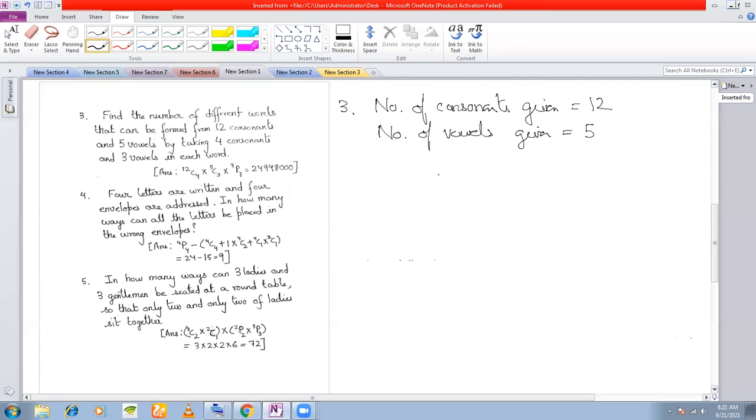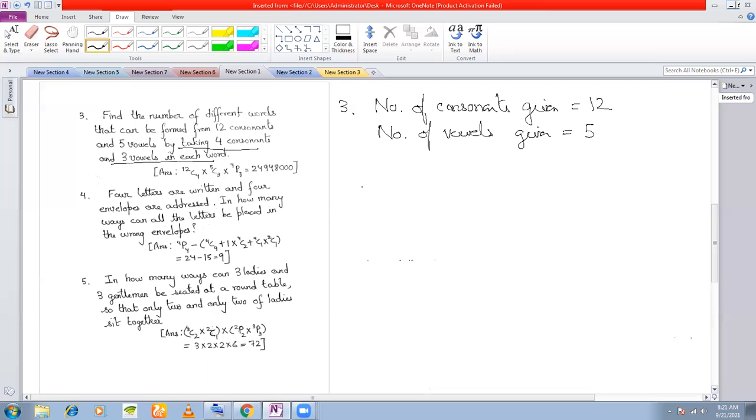Now you have to find the number of words that can be formed from 12 consonants and 5 vowels given to you by taking 4 consonants and 3 vowels in each word. That means first you will have to select the consonants, then you will have to select the vowels, and then you will have to arrange them.